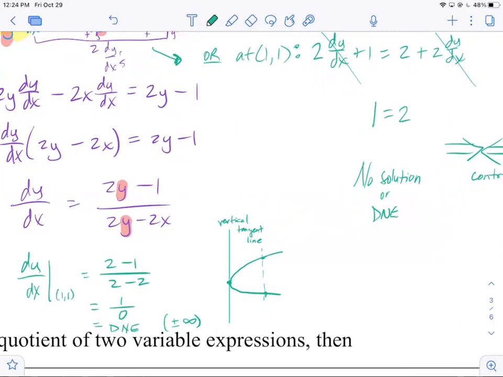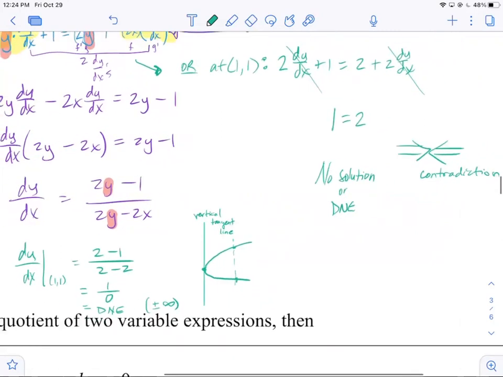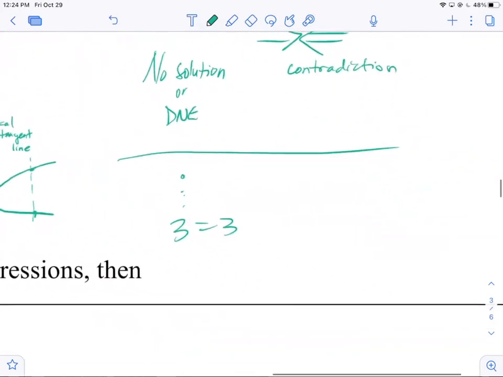Okay. So that's an interesting one. Hey, just to review, what happens if you work down in a conditional equation and you end up with like 3 equals 3, a true statement? What's that? All real numbers. Good. This is called an identity. And the solution is all real numbers. It's true for every value in the domain.